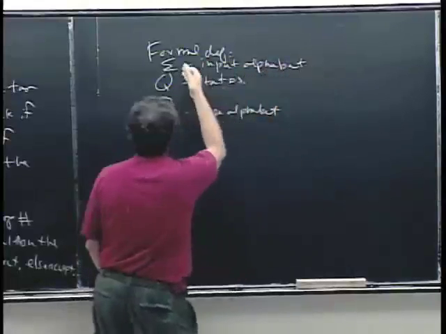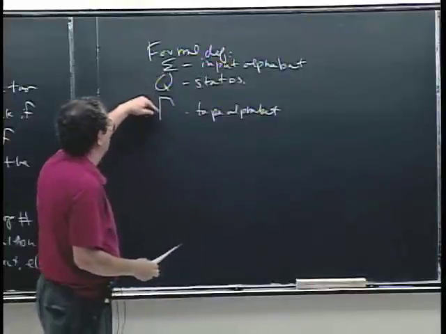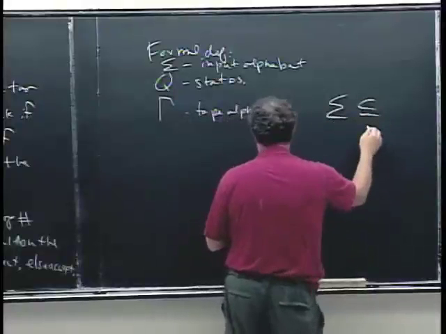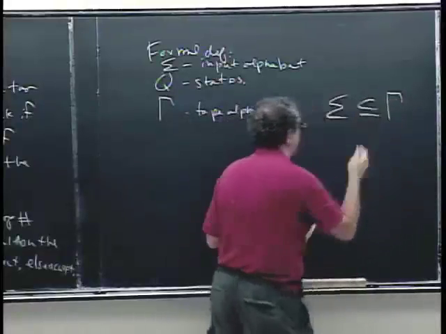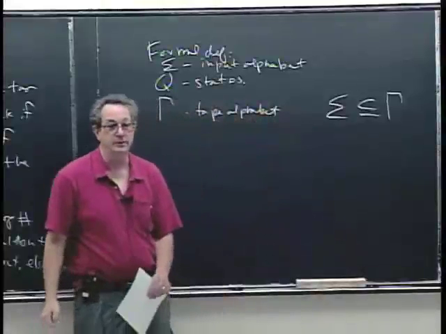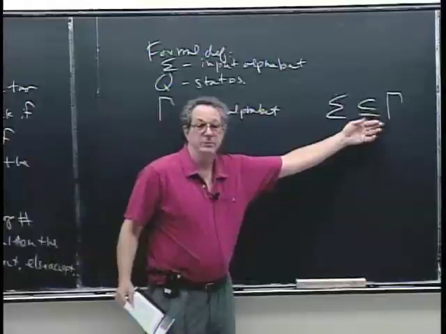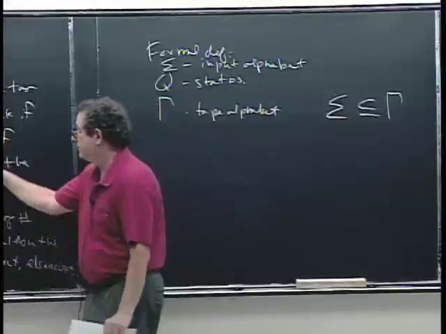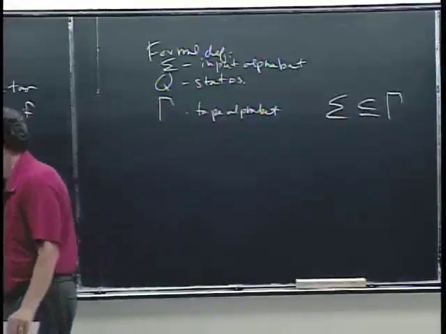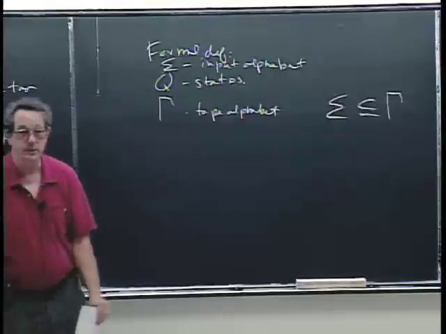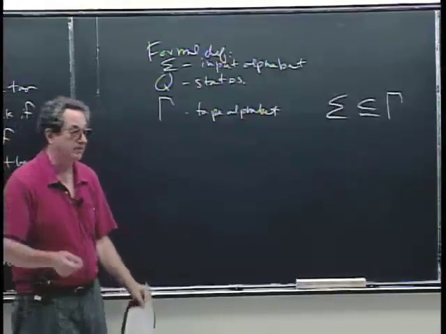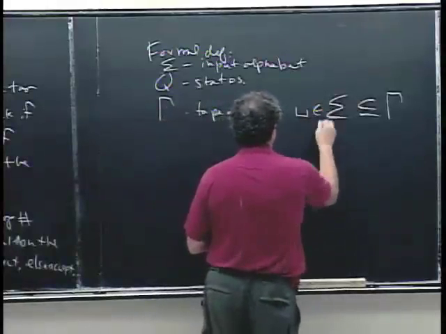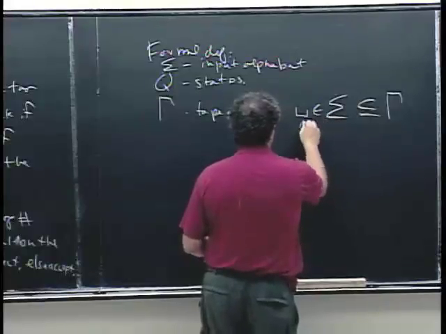So the input is written over some alphabet, and the tape alphabet is not necessarily the same, but of course it has to contain the input alphabet because the input is on the tape. So the tape alphabet can be richer. It can have symbols that are not in the input alphabet, and we've seen that here, that we were going to X out some of the characters. So we need a symbol X, which is not part of the input. And we need to be able to write a space, or an empty space.